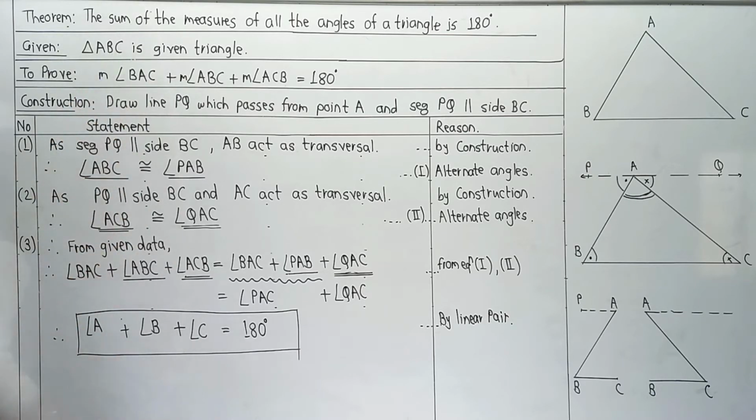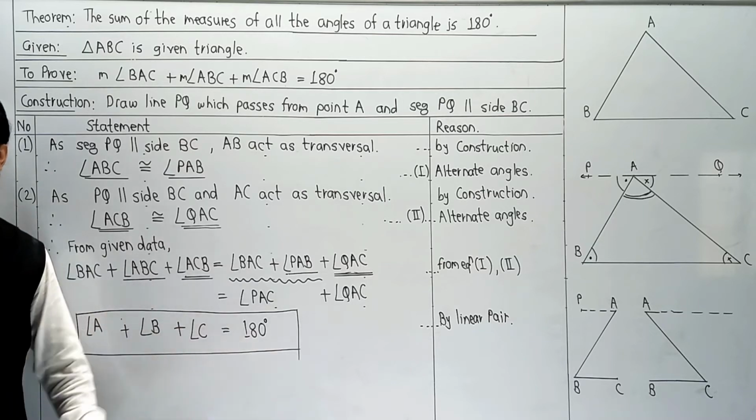In this way you can complete the part. There is a slight modification in your textbook, and I have made some slight modification here, but observe it carefully and please adopt the method like 1, 2, 3 so that your answer looks systematic. Instead of ABC, if you want to write the same line over here, no problem. In this way you can complete your proof.